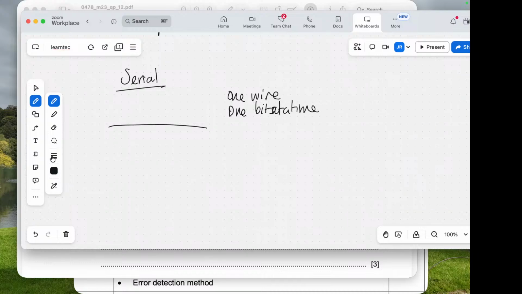So if we're sending our data, we'd have the data going down like that, but there is a time delay between each bit being sent. Now, obviously that time delay differs between different methods of sending the data, but it is very, very small amounts of time.